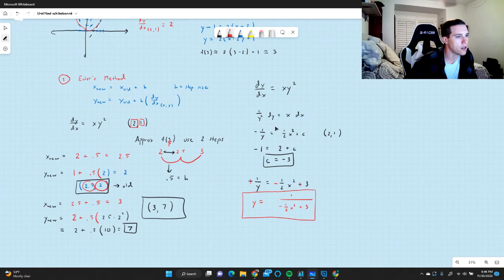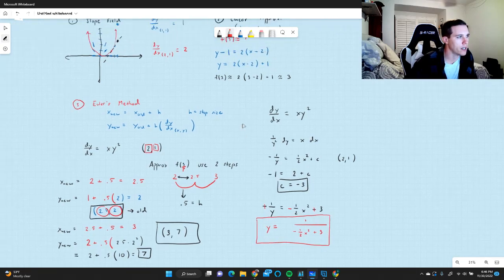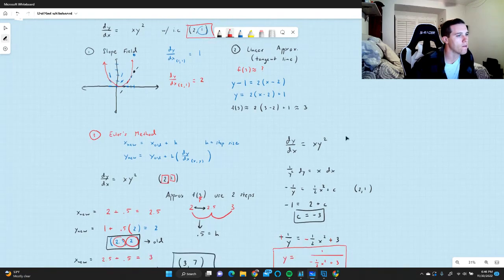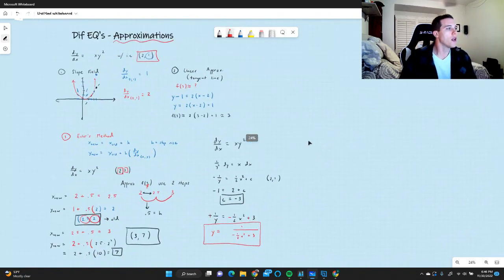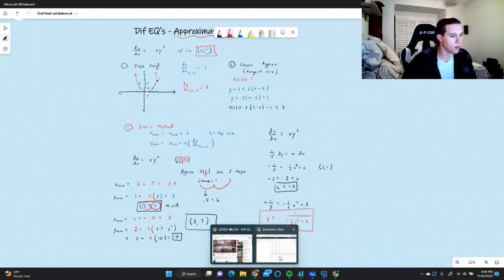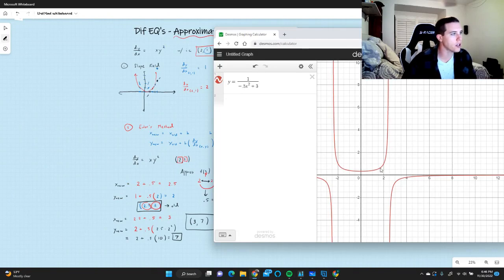But in this case, that's interesting that it worked out that way. This one was a little less clean because I think it's the fact that the differential equation, the way I defined it, once you have bigger values, you end up being negative. Didn't know that would do that. Oh well, let's do another one. But our solution curve did match up with what's going on in this section.